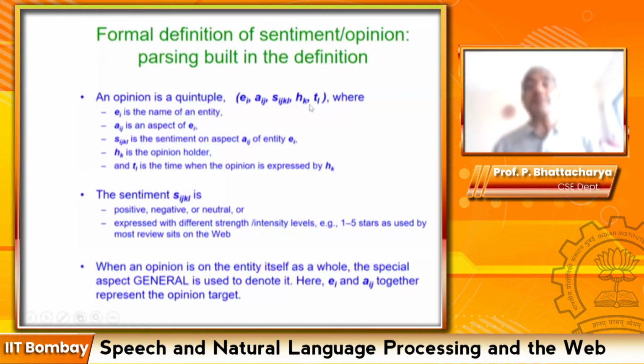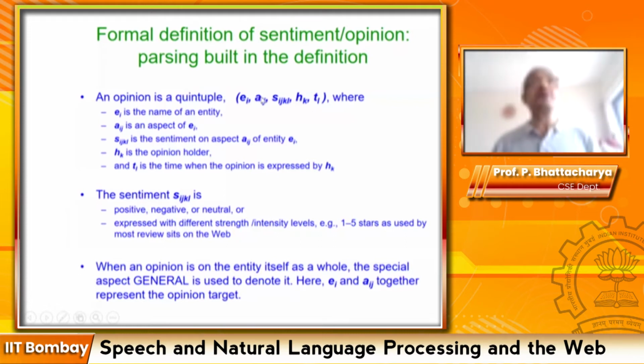Because the opinion changes from person to person, that's why H is important. Opinion changes from time to time. I like the Samsung phone today. Tomorrow I like maybe a different phone. So the sentiment changes from time to time. That's why T. The sentiment itself takes a value of positive, negative, and neutral, S.